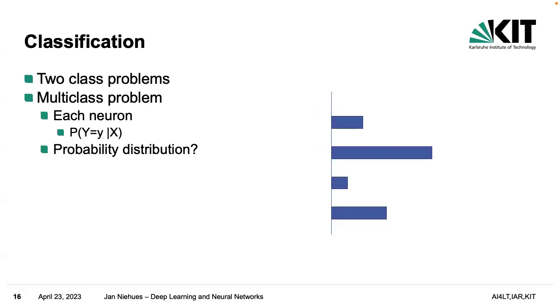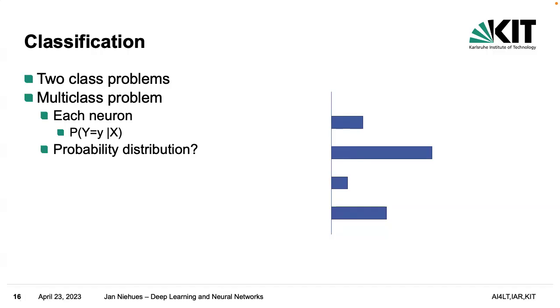If we have a multi-class problem, you have maybe 5 output classes. What you try to achieve is that each of these corresponds to the probability that the output label is exactly that class: class 1, class 2, class 3, class 4.